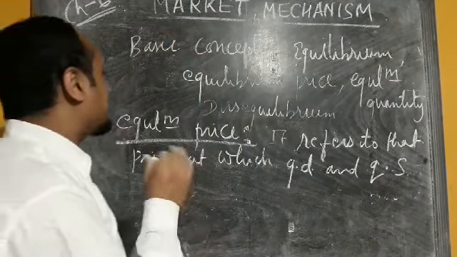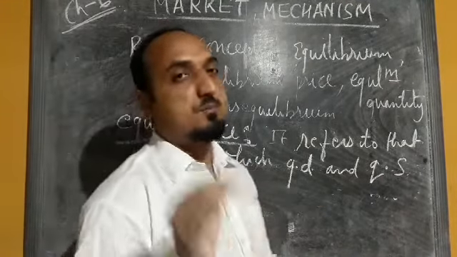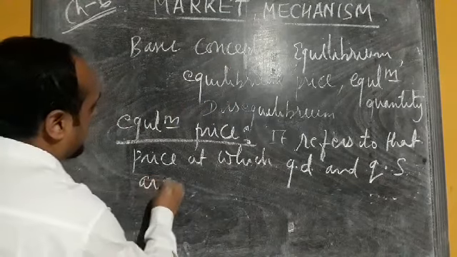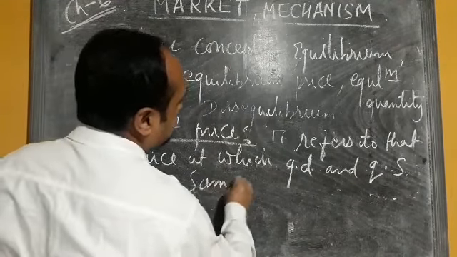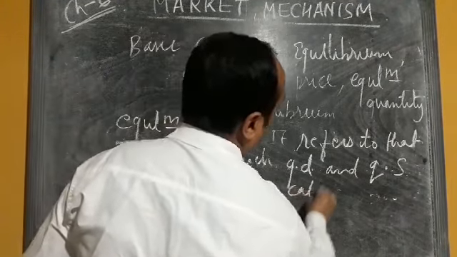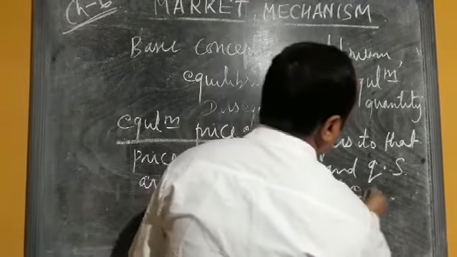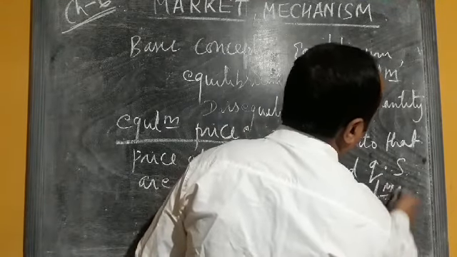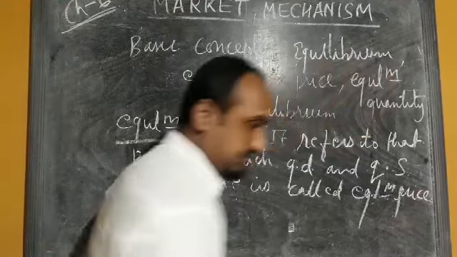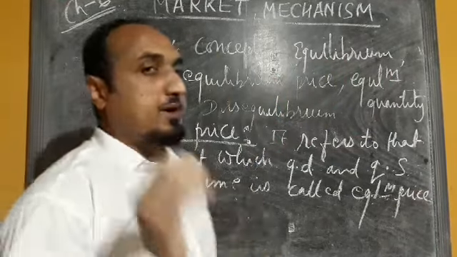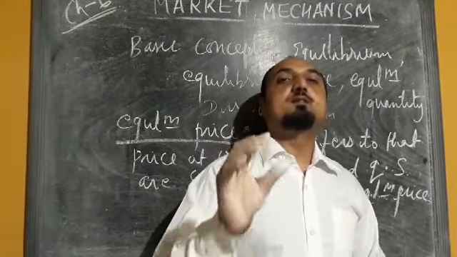So the price at which quantity demand and quantity supply are the same is called equilibrium price.